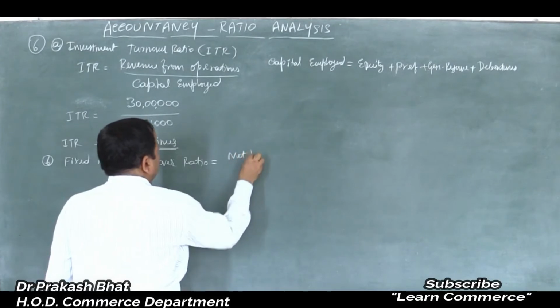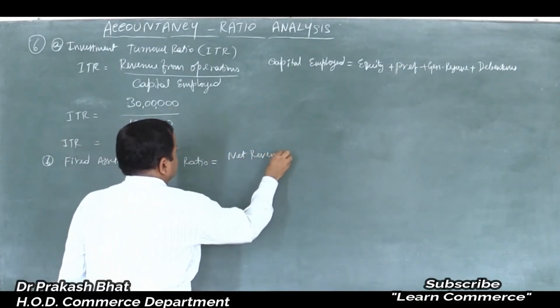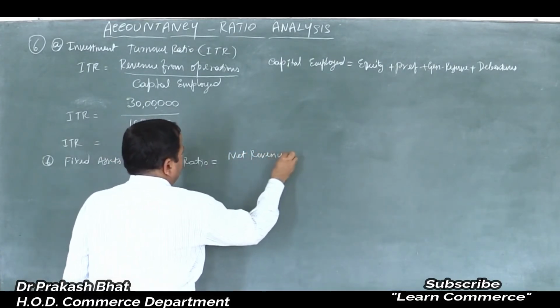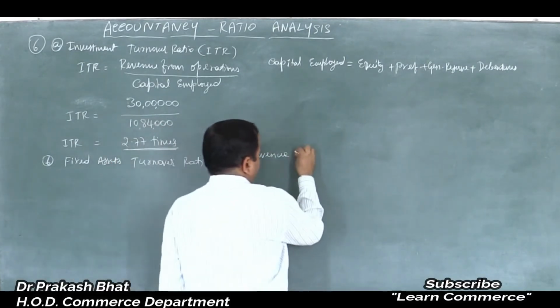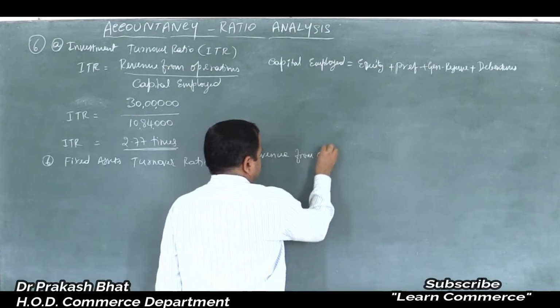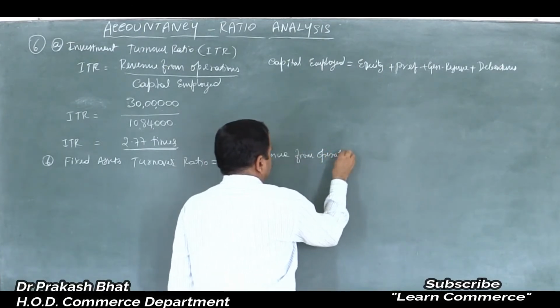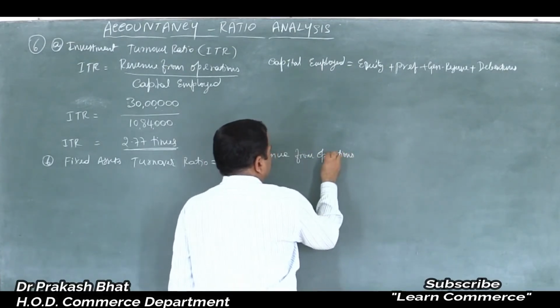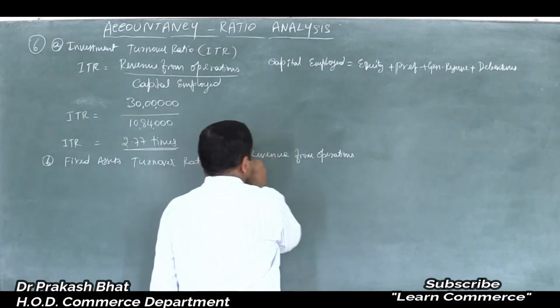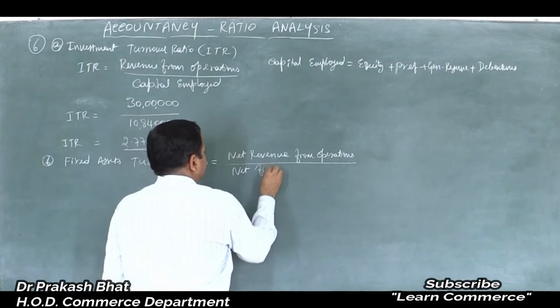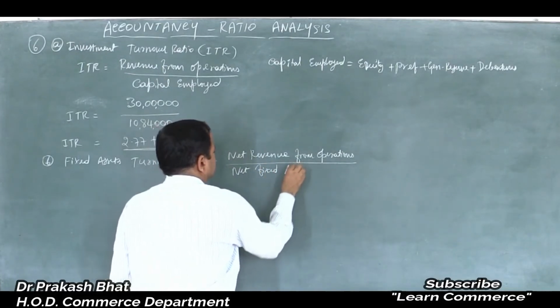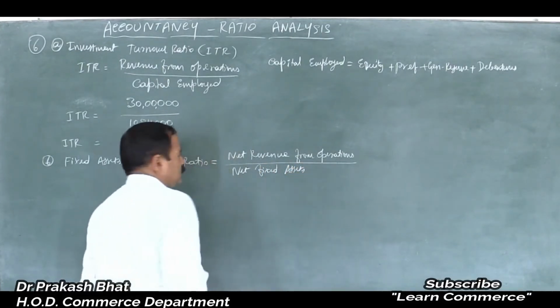Net revenue in the sense total revenue from operations minus sales returns, right? Net revenue from operations divided by net fixed assets, isn't it?